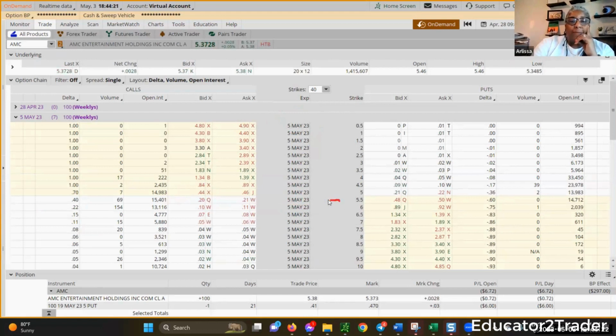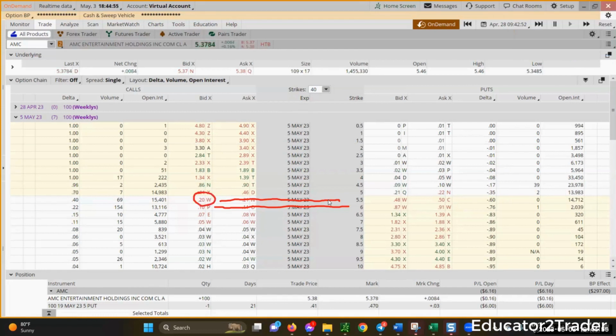If you go with the 5.50 strike, 1 week away, you're going to collect $20 in premiums. If you go with the 6 strike, you're going to collect $10 in premium. Keep in mind, you still have the asset. You still have 100 shares of AMC stock at $5.38 a piece. On top of that, you're going to get $20 in premiums.